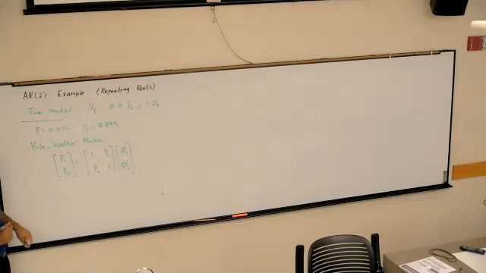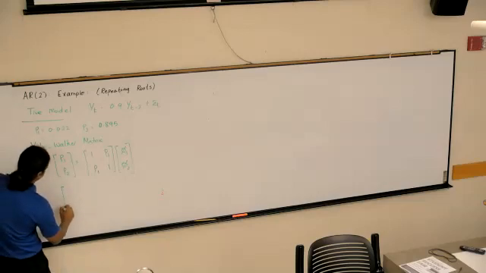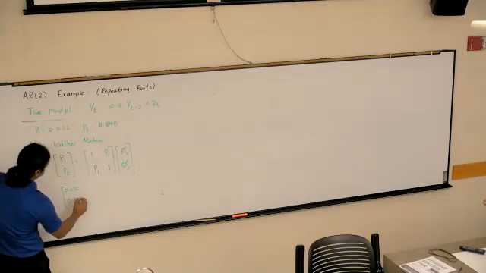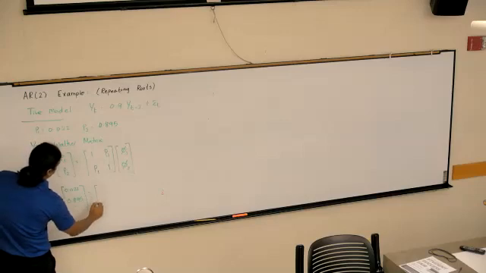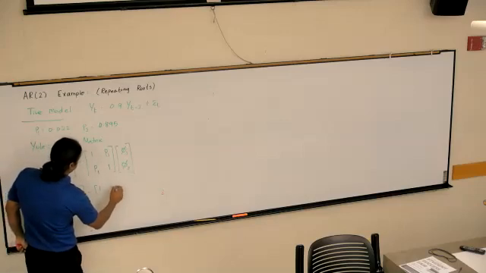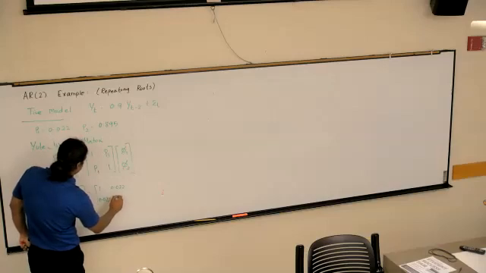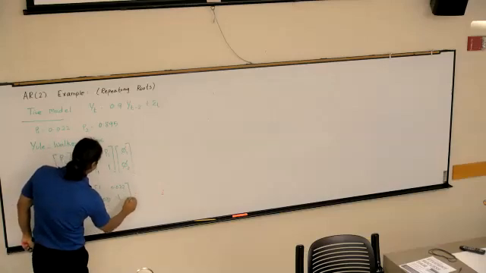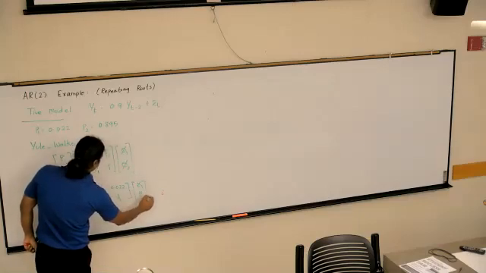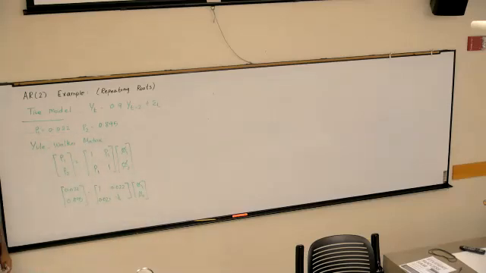So we know the values: 0.022, 0.895, 1, 0.022, 0.022, and 1. Check that the matrix outputs are right. I just wanted to be sure.